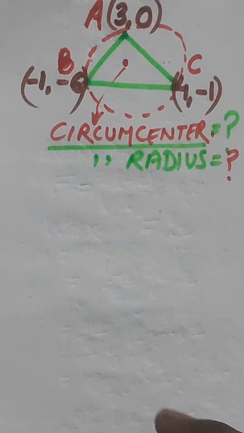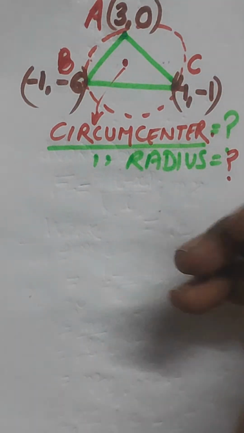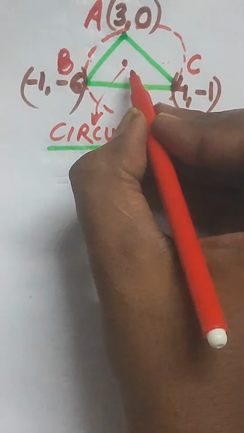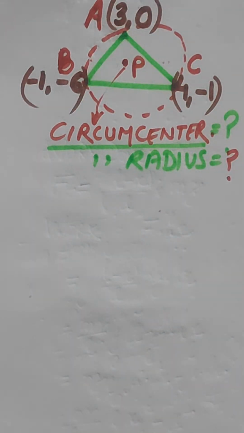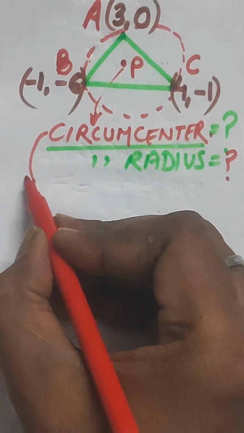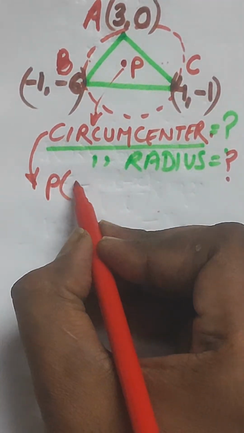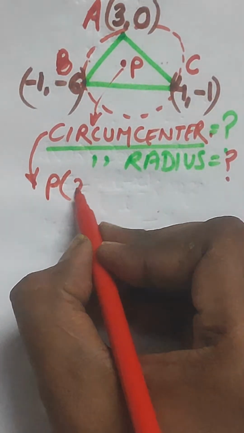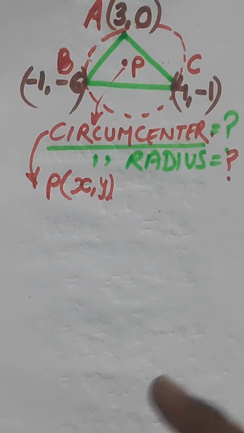So students, let us say the circumcenter is lying at P, and whose coordinates are basically x and y. We have assumed it, right? Let it be.